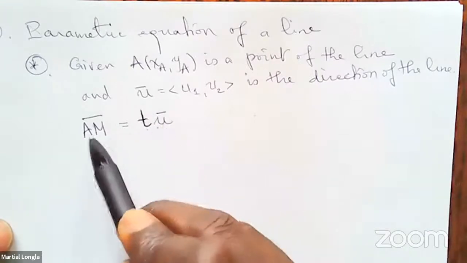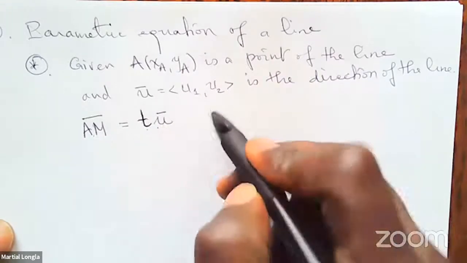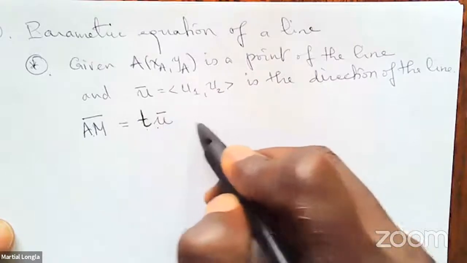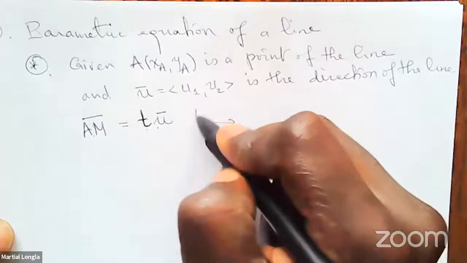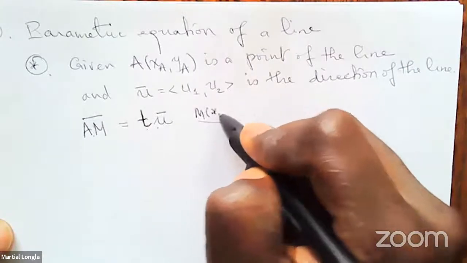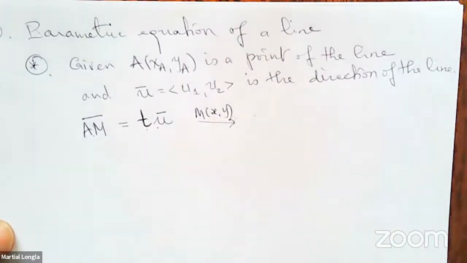And this is a vector notation which can be written component-wise as, if M has coordinates x, y, which is what we are looking for.